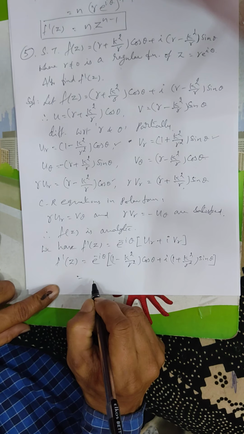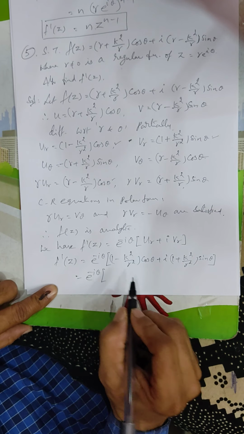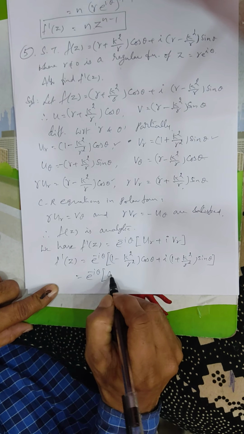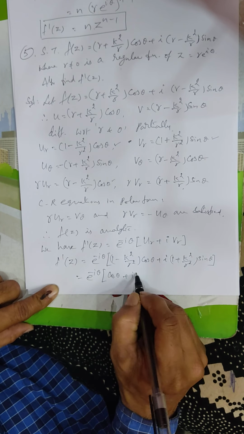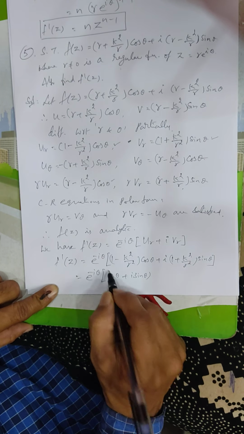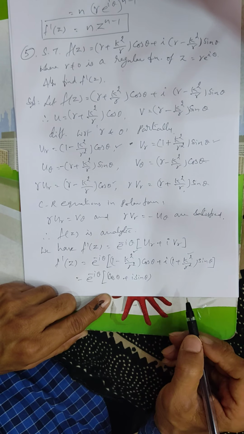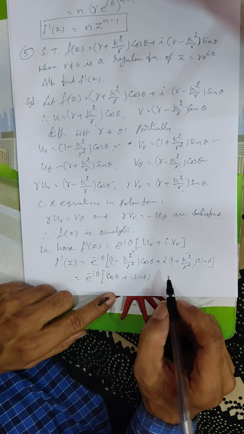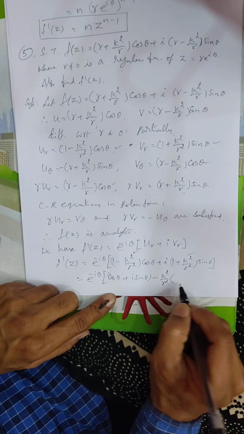So let us simplify. e power minus I theta into 1 into cos theta plus I into 1 into sin theta is I sin theta. That is the one term. And from the remaining two terms, we take minus k square by r square common.